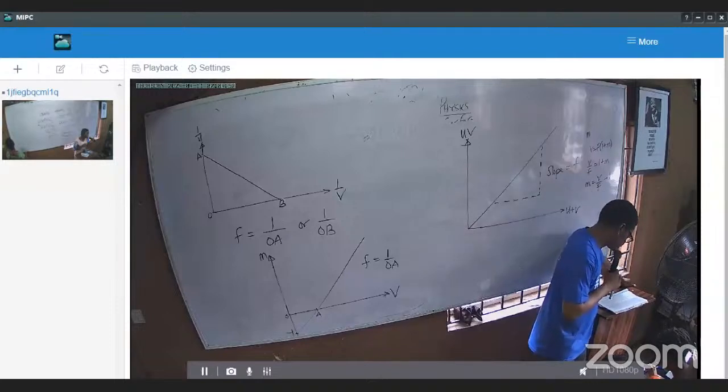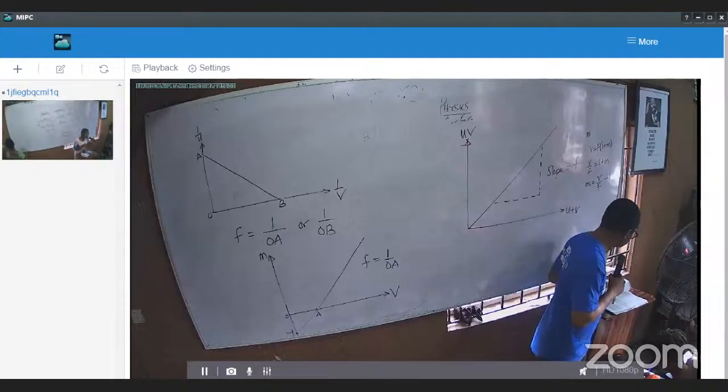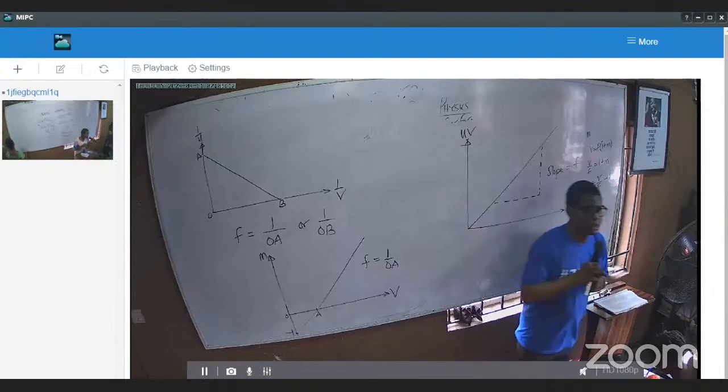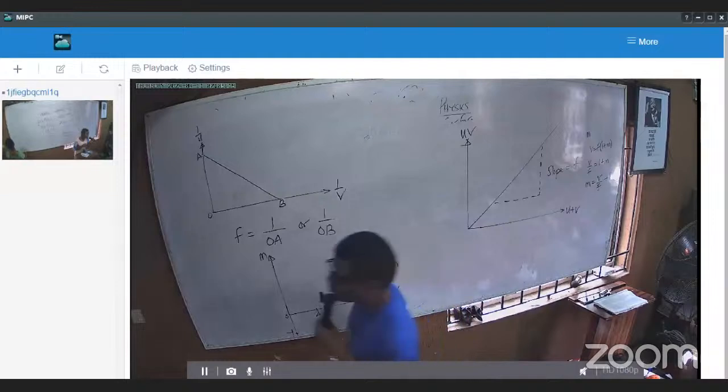Full stop. Calculate the refractive index of glass relative to water.